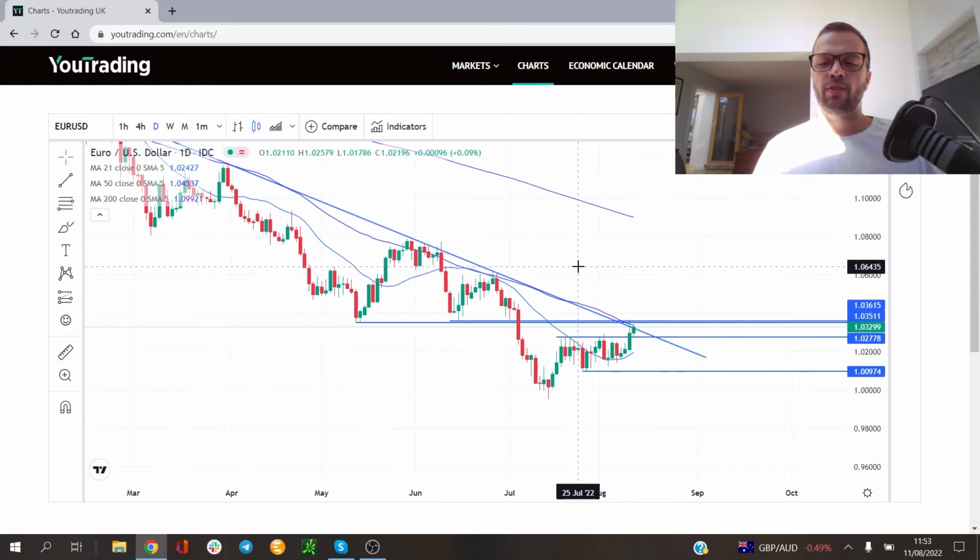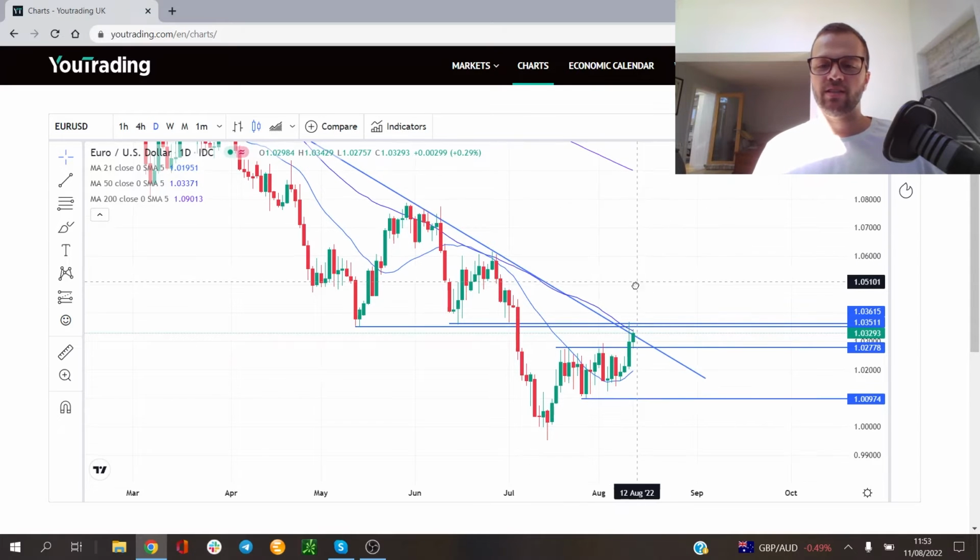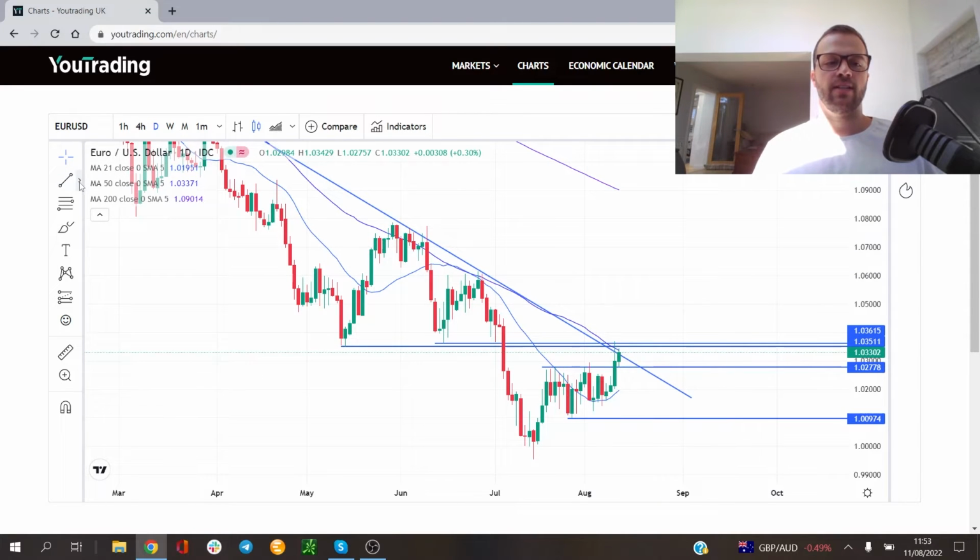The one thing I would say is since Wednesday's softer than expected US inflation figures, we have seen risk appetite really pick up. Now, euro dollar does have a positive correlation to, say, US equities. And if that rally in risk appetite continues, then dollar weakness, because it's seen as a safe haven asset, could send us higher.